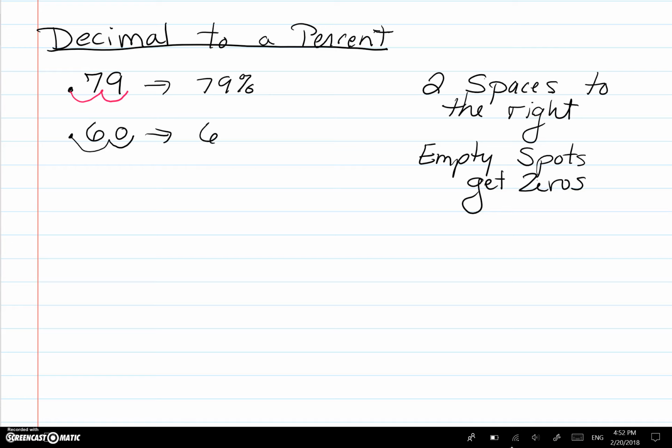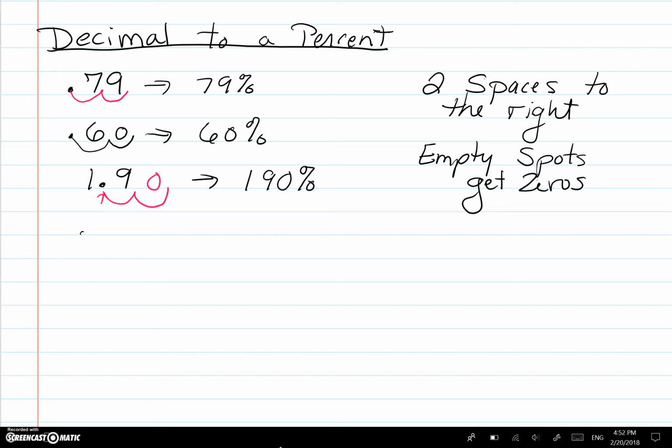So this would be 60%. How about we do 1.9? Well, again, I already have a decimal here, and I'm going to move it 2 spots to the right. But I have a blank, so in goes the 0. 190%.